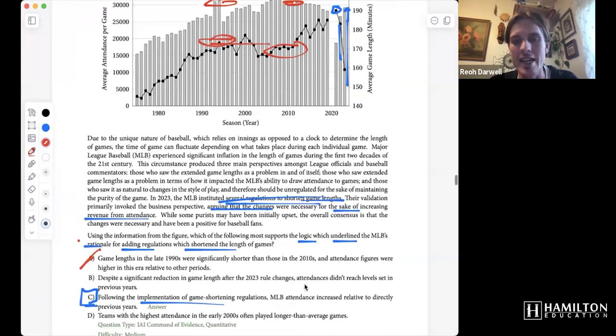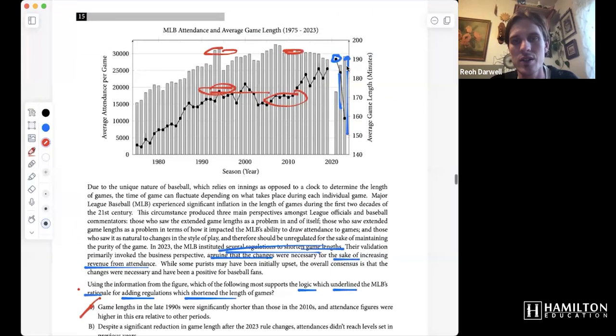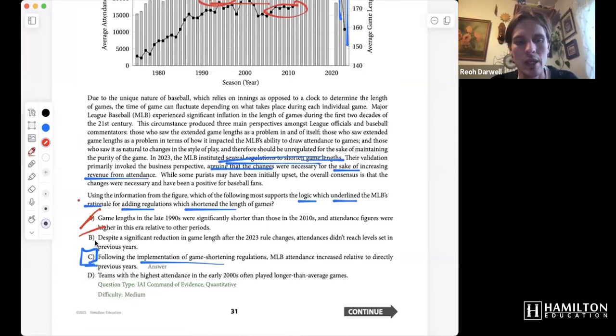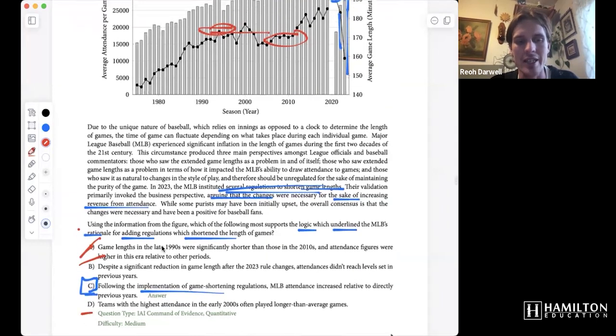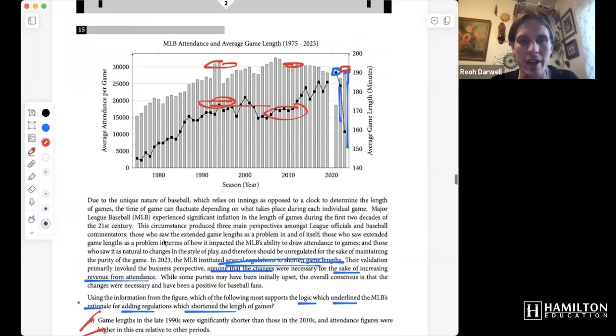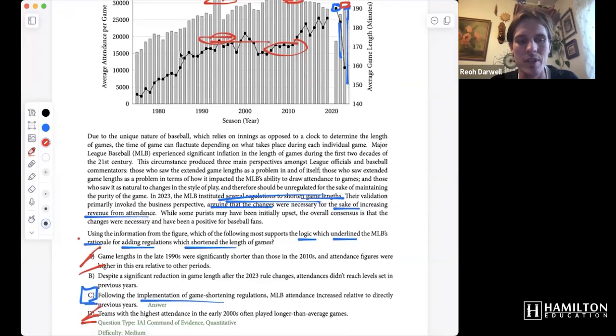Did attendance levels not reach previous years? Well, actually, it looks like they do. And then finally, D, highest attendance in the early 2000s, played longer than average games. No way that we can see that based on our graph. So that's how we arrive at C.